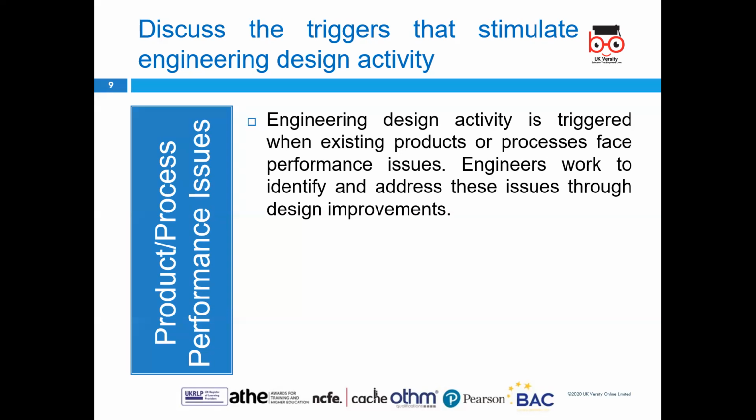So the performance is what motivated the engineers to develop higher RAM laptops, for example, 8 GB or 16 GB RAM. So the engineers work to identify and address these issues through design improvements. So this product or process performance issues is another of the triggers that stimulate engineering design activity.